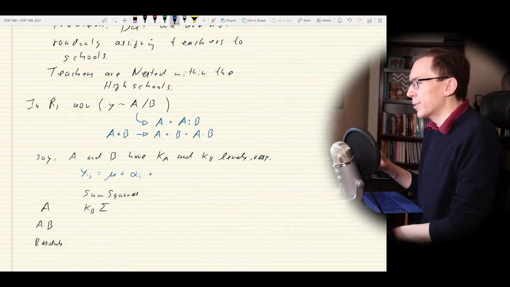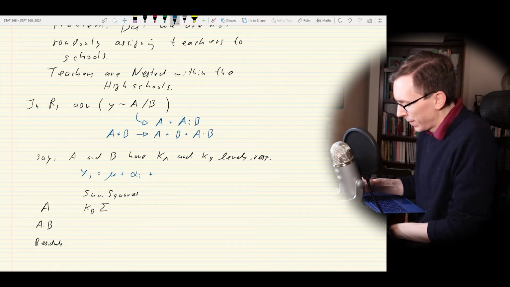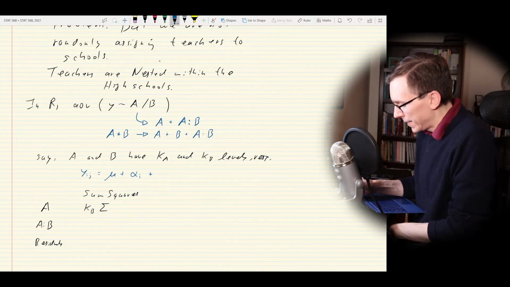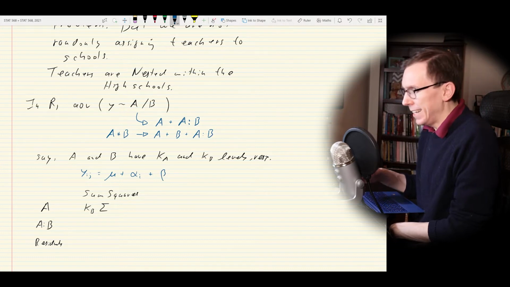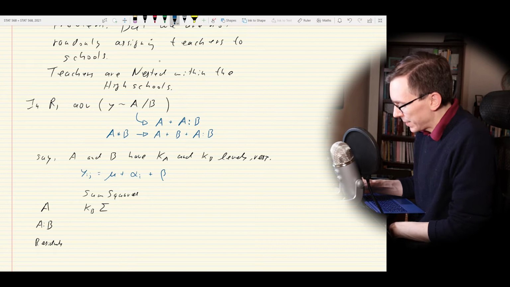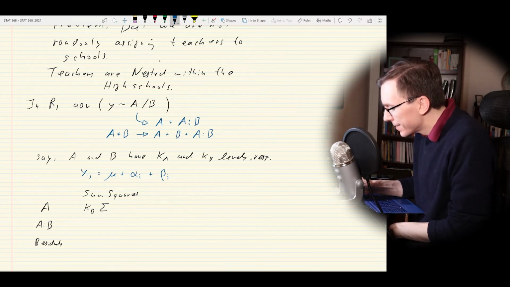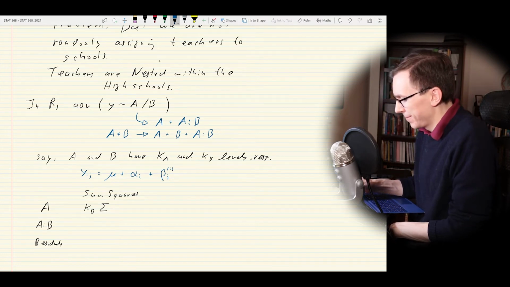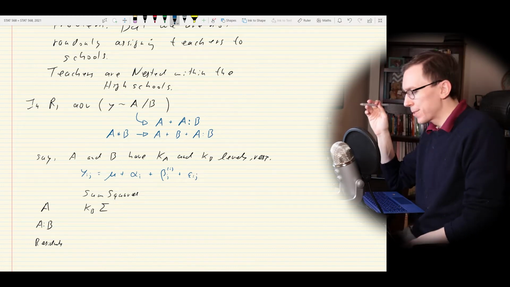So we could write it like the other interaction term. What I want to do is write it as beta to indicate that it's B, and we'll give it a j with an i up in the exponent here. And then we'll have our epsilon_ij as always for our errors.